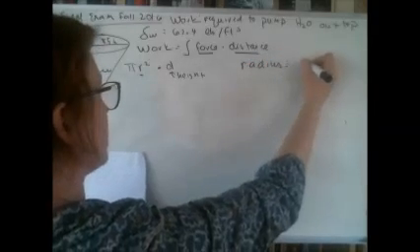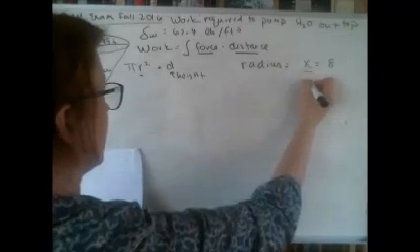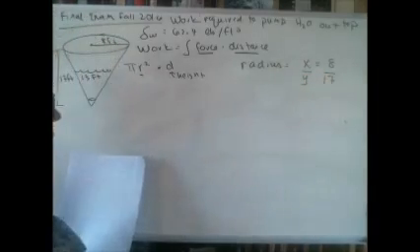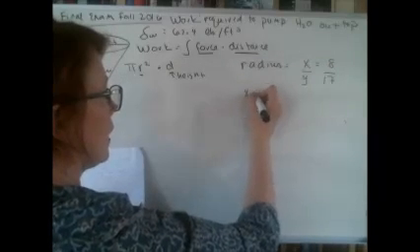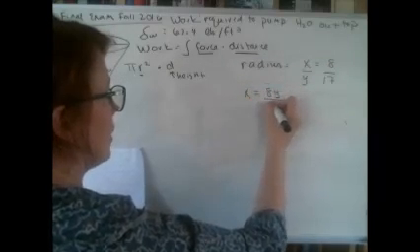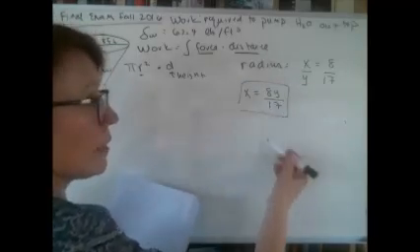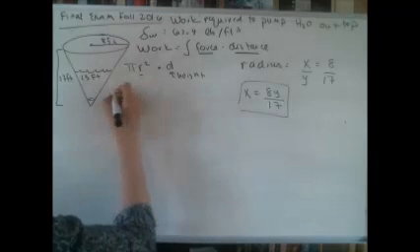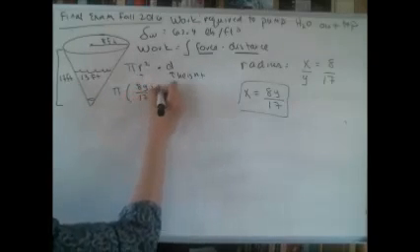At the top, my radius is equal to 8 feet, and when that's true, my total height is equal to 17 feet. So I'm going to solve this in terms of x. I get x equals 8 times y all over 17. It basically gives me a function for the radius as a function of its height. Then I can plug that in, so pi r squared becomes pi times 8y over 17, squared.